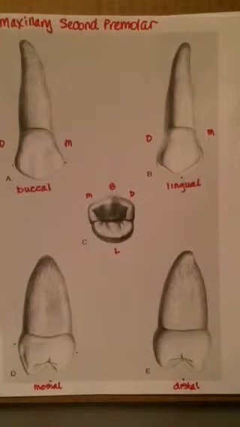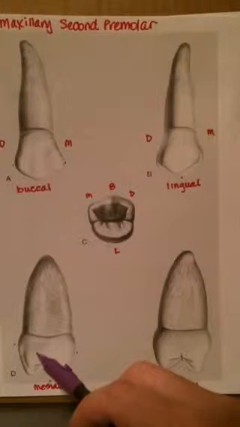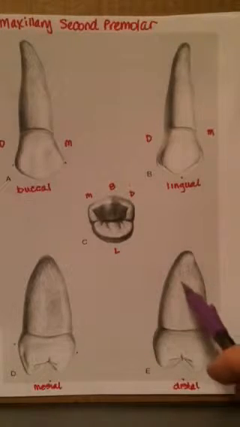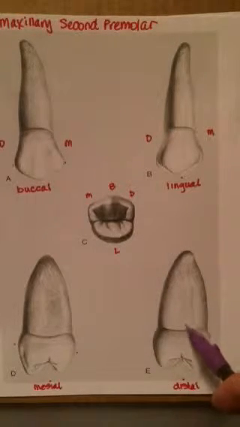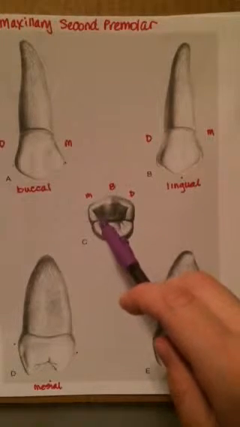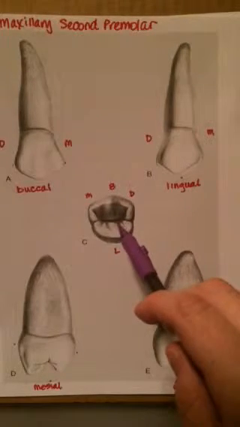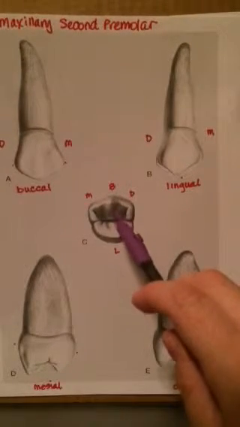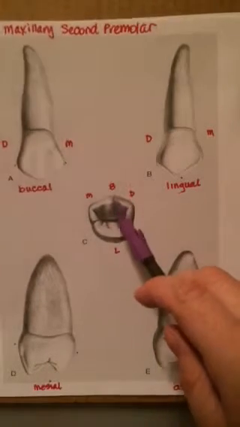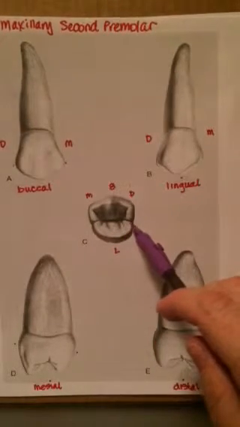There's no deep mesial marginal groove on this tooth like there is on the first premolar. The distal surface, however, has a deeper root depression near the CEJ. On the occlusal surface, you still have your mesial developmental groove, your distal developmental groove, and your triangular ridge on your buccal cusp and your triangular ridge on your lingual cusp, and these form a transverse ridge across the central groove.